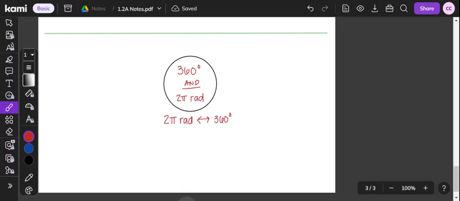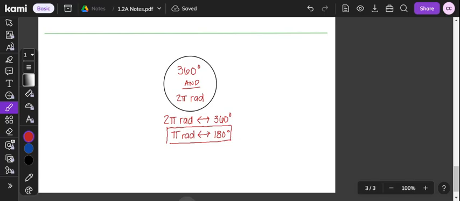All right, well, if 2 pi is 360, that means pi radians must be the same as 180 degrees. And this is kind of the key to the relationship between radians and degrees. So you should be able to convert from degrees into radians, and then you should also be able to convert from radians back into degrees.